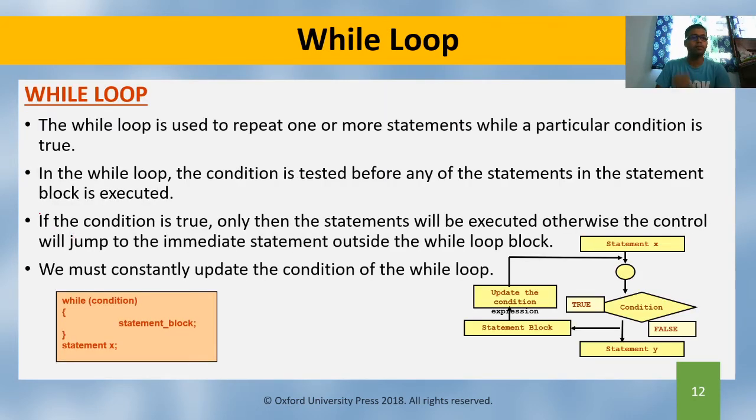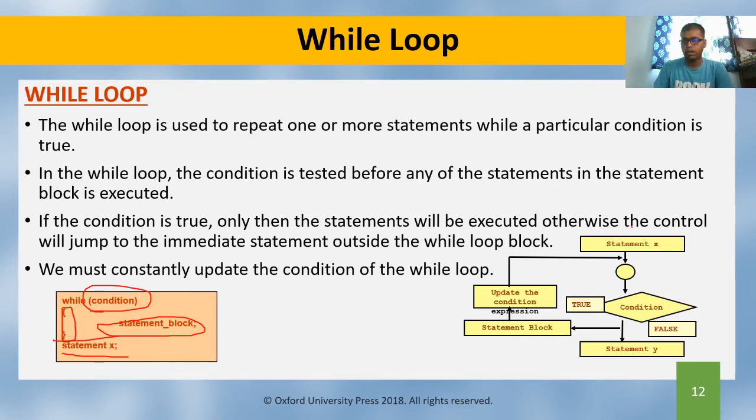We come to the while loop. The while loop is used to repeat one or more statements while a particular condition is true. So we have a condition, and if it is true, the statement block inside the braces will be executed. If the condition is not satisfied, it goes to the immediate statement after these braces, or after this loop.